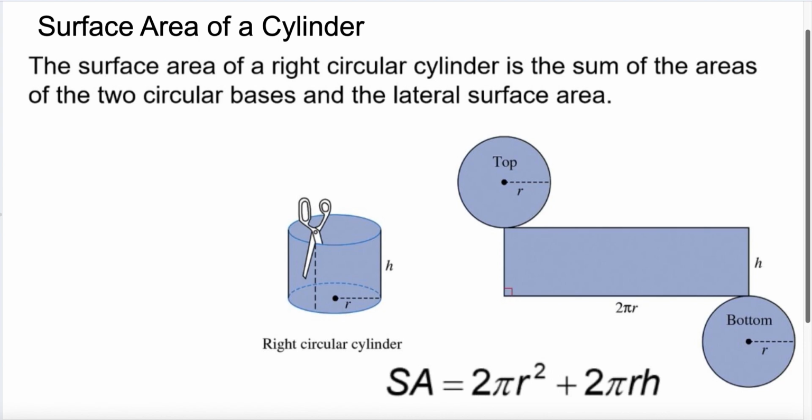And now let's talk about the surface area of a cylinder. What is a cylinder? A cylinder is very similar to a prism. So in a prism, we had polygons instead of a circle, right? And we knew that two bases are exactly the same size, congruent.